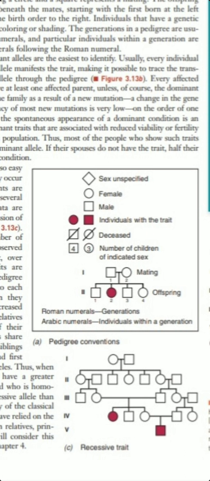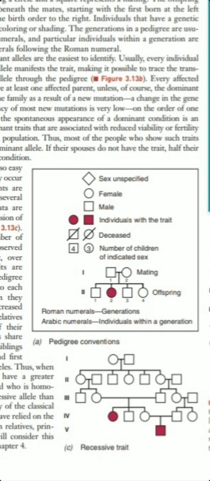the numbers inside the symbols, that is 4 inside the square and 3 inside the circle, relate the number of children of the indicated sex. Okay, and the first line shows the first generation, the second Roman numeral denotes the second generation, and the small horizontal line between the male and female denotes mating, and the vertical line drawn from the male and female mating line shows the offspring.